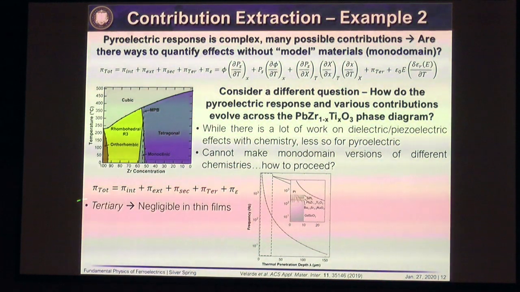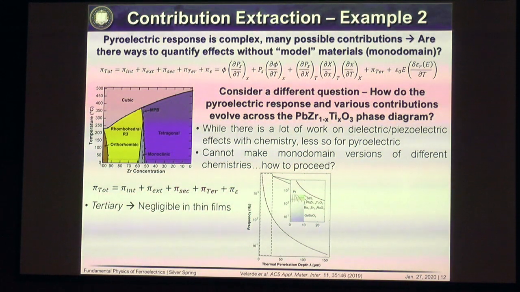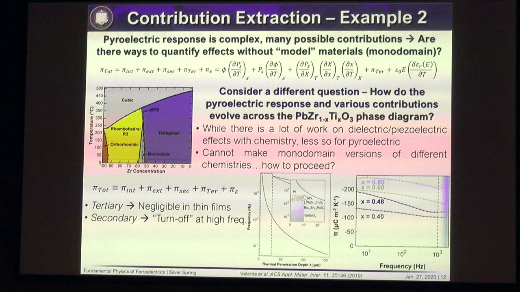So we can first get rid of the tertiary effect. Again, as I said before, we're trying to control the geometries and the temperature profile such that we typically have less than about 1% temperature variation across the thickness of these films, making the tertiary effect negligible overall. The second thing that we can work on is we can clear out these secondary effects. So we just do this as a function of frequency. And the key here is that we can model very accurately the thermal penetration depth in these systems.